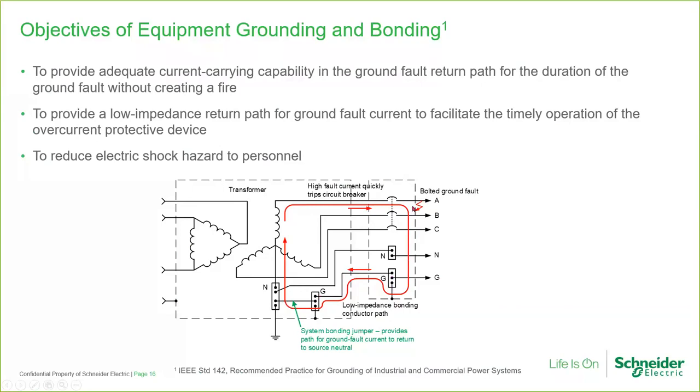High fault current with the bolted ground fault will quickly trip the circuit breaker. Without this system bonding jumper here, on a ground fault, no ground fault current would flow, and at the point of fault, there would be a shock hazard.